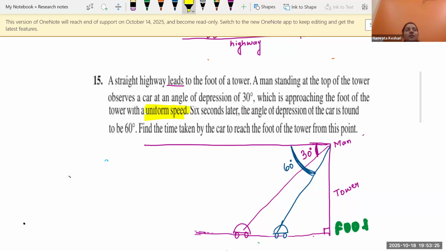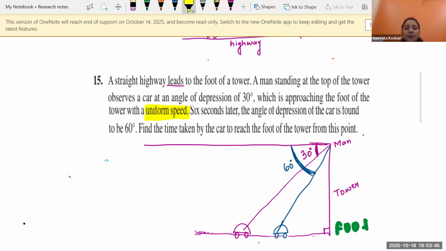If you are covering a certain distance, maybe going from Delhi to Mumbai, and you are maintaining the same speed, that means the speed throughout this journey is not changing.